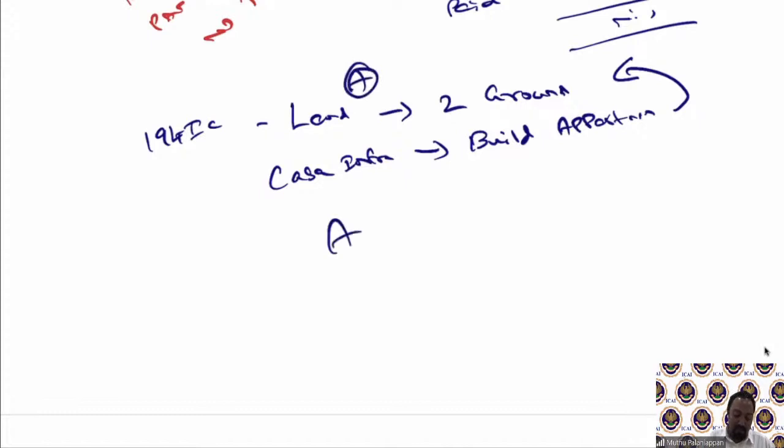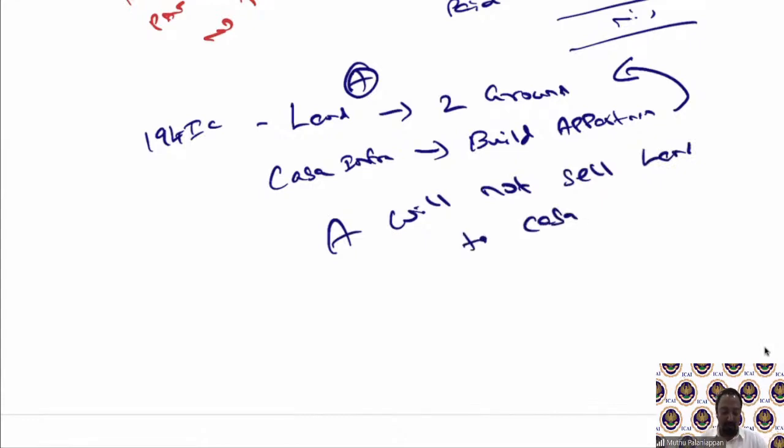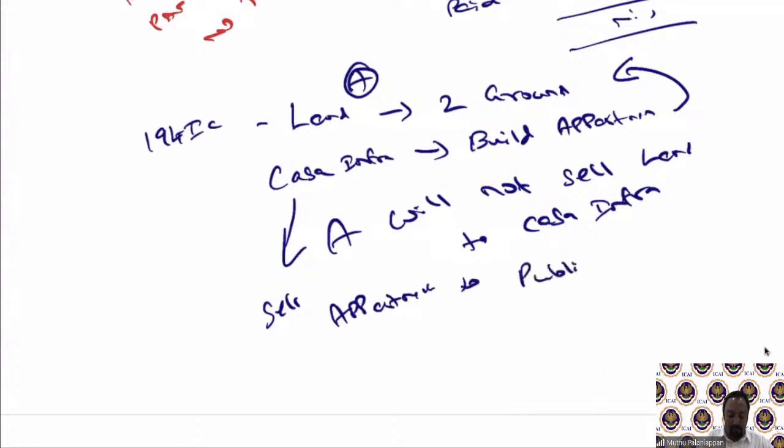We'll keep him as A. A will not sell the land to Casa. It's only a work given. So A will only ask Casa to build apartments on that land, and Casa will sell those apartments to the public. So someone can come and buy the property that is being built by Casa Infra. So now the land will be transferred by A. This is what you would have studied in capital gains. So for this specified agreement discussed in 45(5)(a), TDS is deductible.